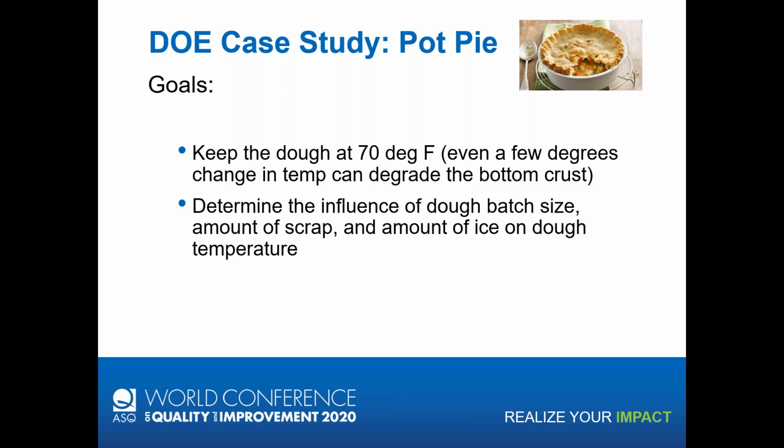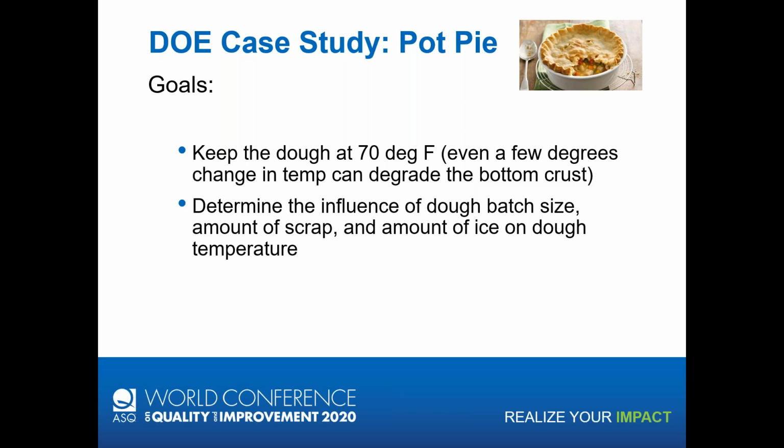While they are manufacturing this and forming this crust, they want to keep the dough temperature at 70 degrees. They have found out that even a few degrees change in the temperature can actually degrade the bottom crust. So keeping that temperature consistent is really critical.